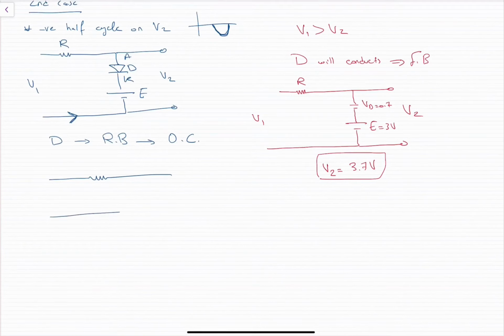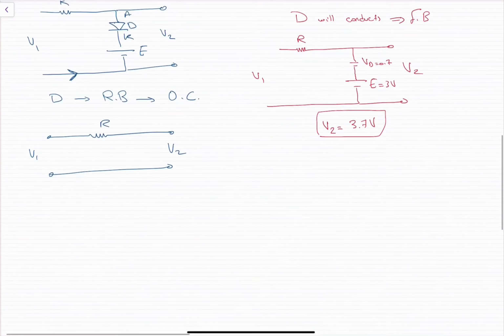The circuit will turn into two open circuits from V1 and V2, applying a KVL. V1 equals V2.